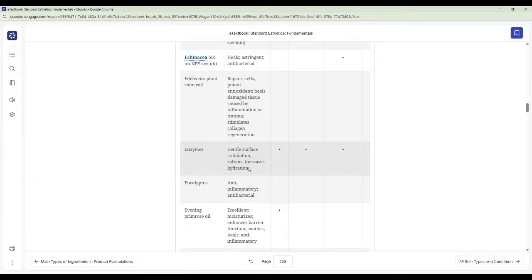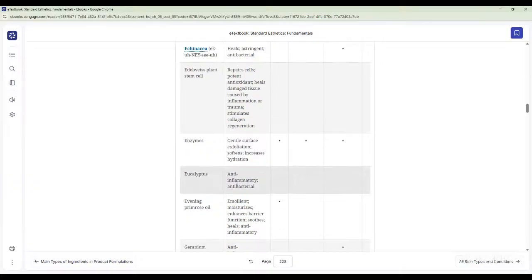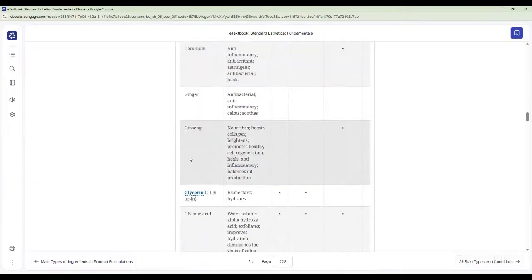Eucalyptus is anti-inflammatory and antibacterial, so it does help keep bacteria away from oily skin. Also, if someone is dealing with acne, it helps and assists with that as well. Ginger is antibacterial and anti-inflammatory; it calms and soothes.